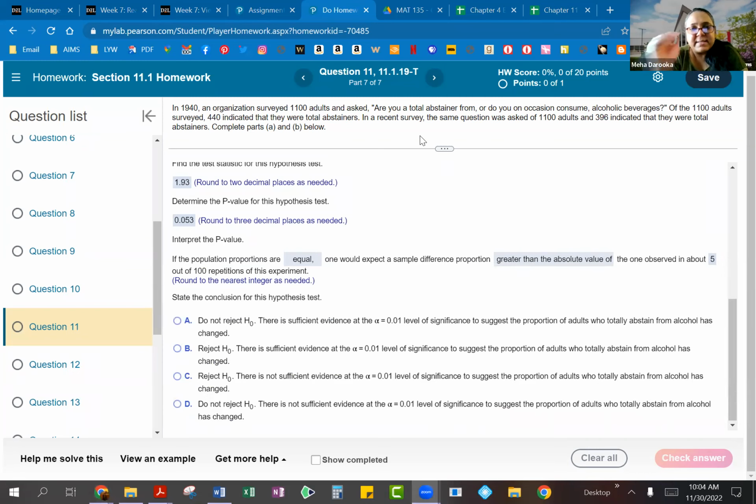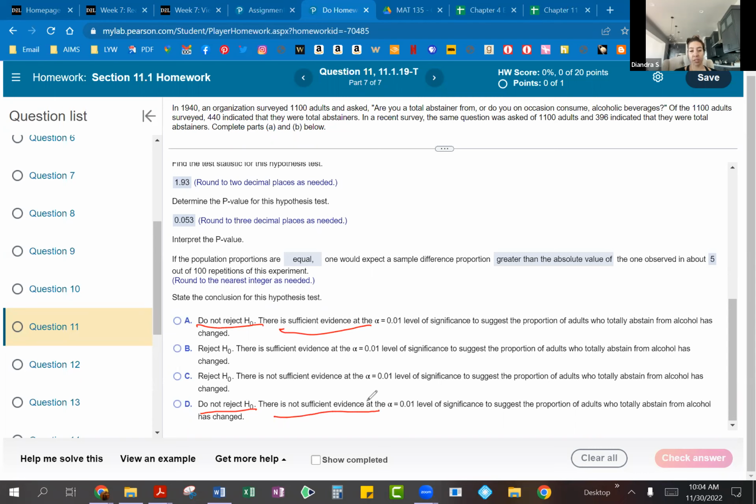Yeah, Ali, very nice. So out of the not rejecting, which option are you going for? You do not reject because there's not sufficient evidence, right?